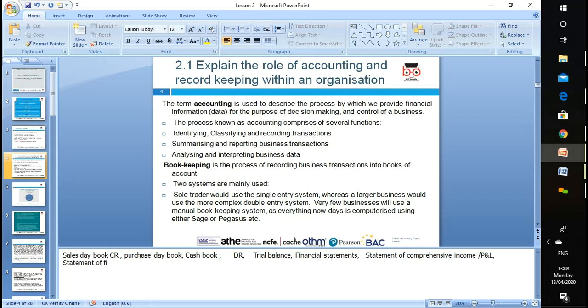The second statement we call the statement of financial position, which shows our assets, our liabilities, and our capital. Capital means investment. In the profit and loss, we show income and expenses only. The third statement is also known as the balance sheet. Statement of financial position is also known as the balance sheet.